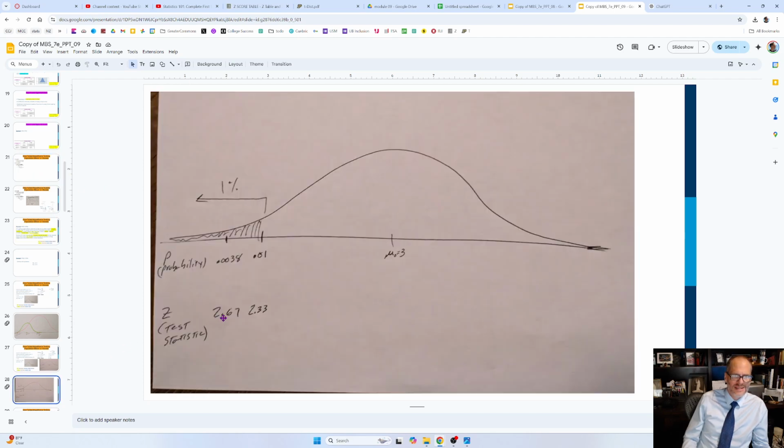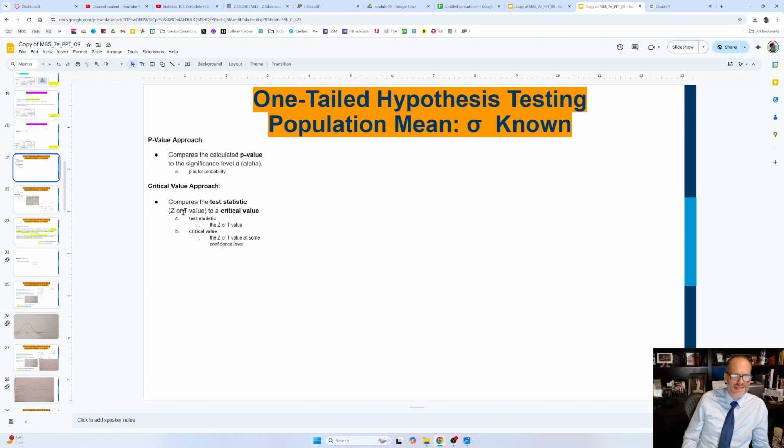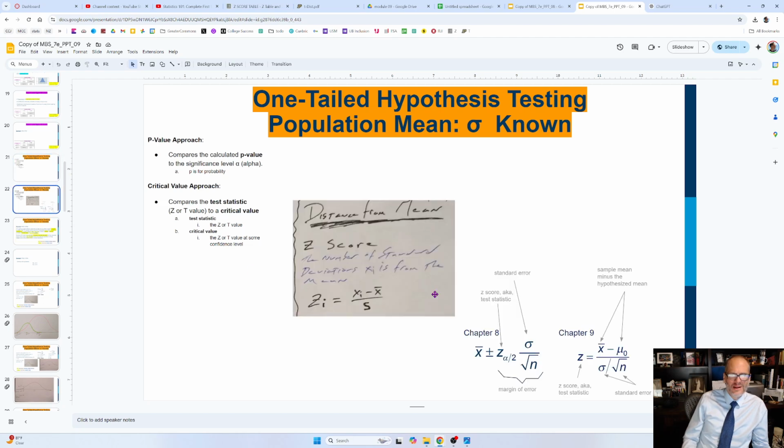We calculate the test statistic, the z or t value, and compare it to the critical value. The test statistic is the z or t value, and the critical value is the z or t value at some confidence level, right? So that's that.